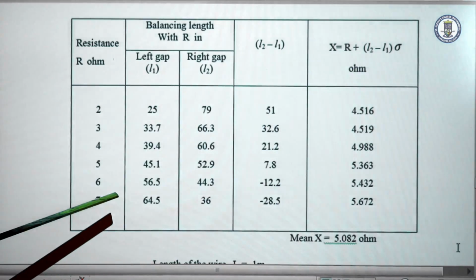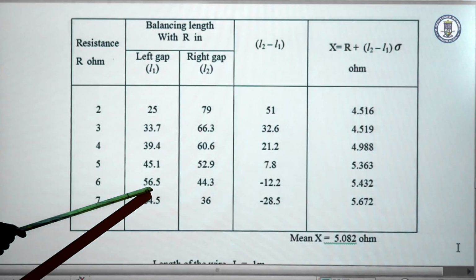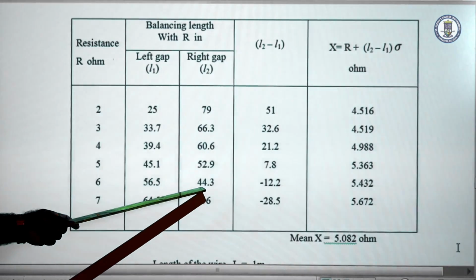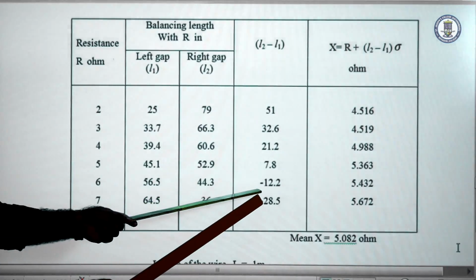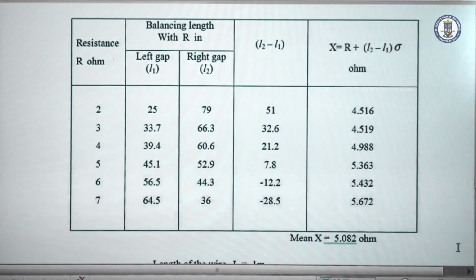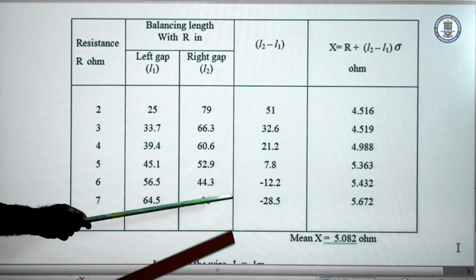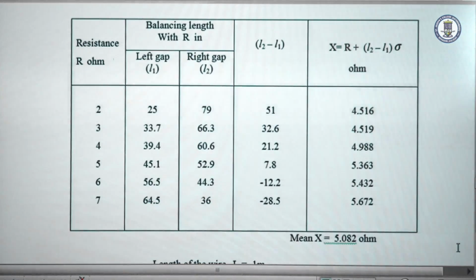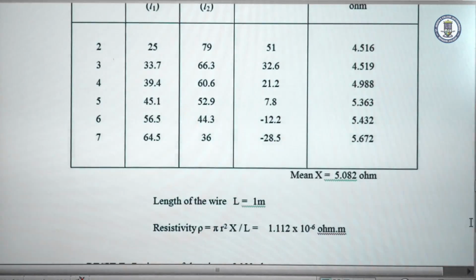For example, in the case of 6 ohm, we obtain in the left gap 56.5 and in the right gap 44.3. So the difference L2 minus L1 is minus 12.2. Then X is equal to 6 minus 12.2 into 0.0466, that is the value of sigma, and we obtain 5.432. Similarly for 7 also the value of X is determined and the mean value is calculated.